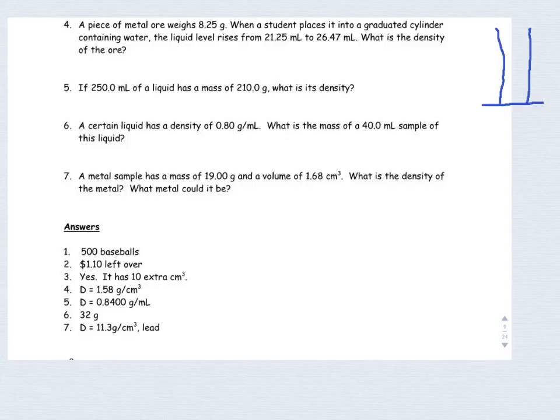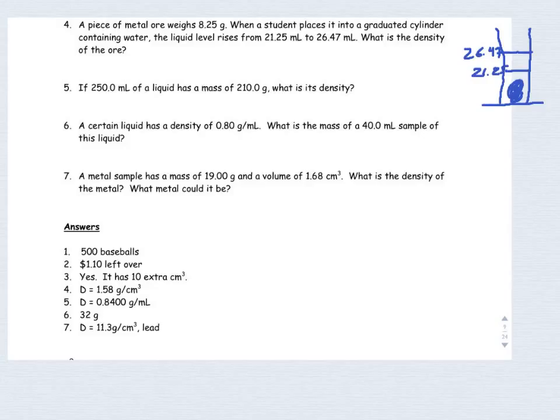So say you put some water in there, and on the side of the cylinder, you identify that's 21.25 mL. You throw in the piece of metal ore, so it's a heavy rock, and the water level obviously is going to rise because you now have more material in that same space. It goes up to 26.47.